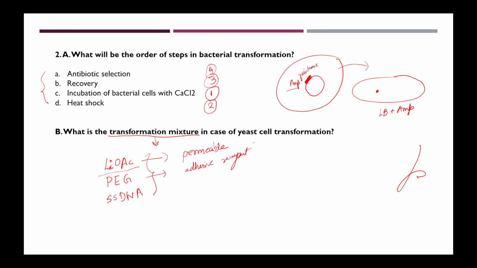PEG works as an adhesive reagent, you can say. It brings the DNA and the yeast cell into close proximity. And ssDNA protects your particular DNA of interest from the endonuclease activity of the yeast cell, and also it blocks the non-specific surfaces on the yeast cell, so that your particular DNA of interest can easily go into the yeast cell and be transformed.